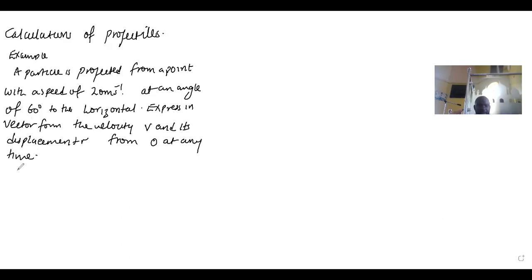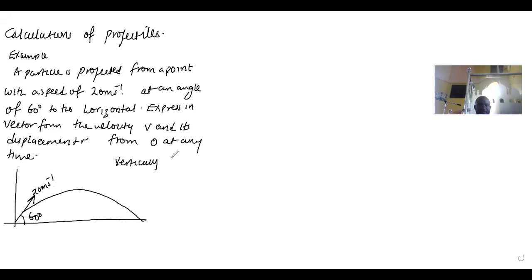So if you look at such a question, you can have the projectile projected in this way. It's given an initial velocity of 20. Then it has been projected. The angle of projection is 60. Vertically, it is represented by a symbol j in vector form.